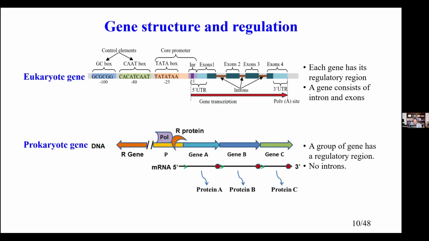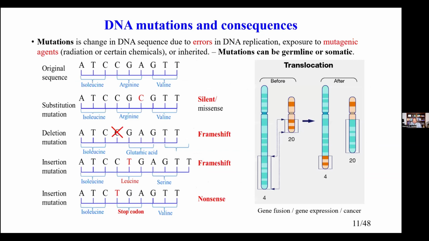Sometimes the exons can be rearranged, or part of an exon can be included as part of an intron, and part of an intron can be included as part of an exon, and they can create a different reading frame, and this reading frame will produce a completely different protein. We call them isoforms of protein, and this is something we should also know.